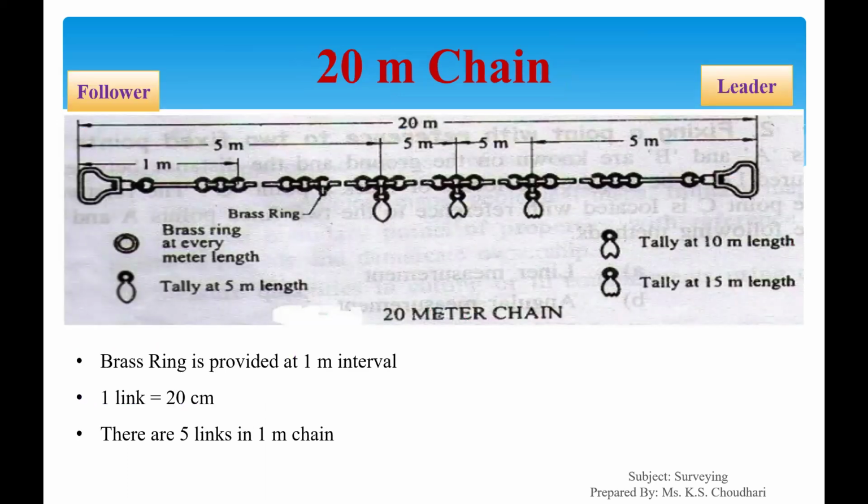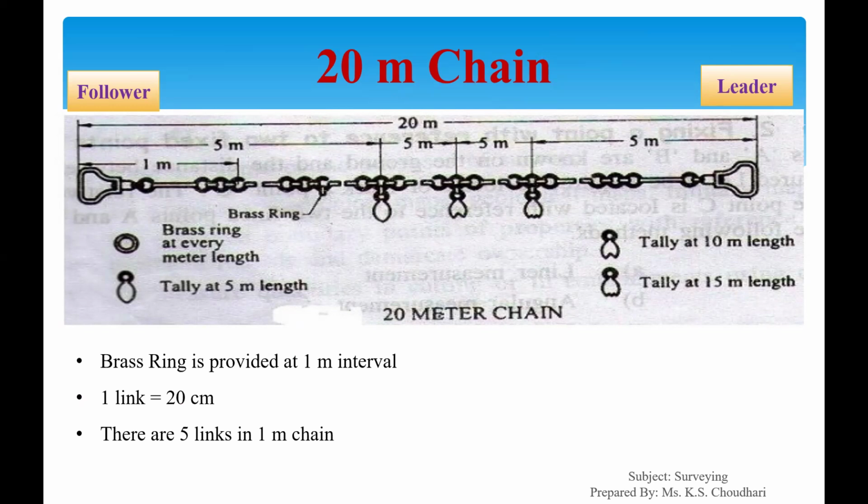In this slide, we can see the 20-meter chain. 30-meter and 20-meter chains are there, but here we will study the details of the 20-meter chain. Now here you can easily identify who is leader and who is follower. Follower, the person at the start of the chain, that is who holds the zero, and leader, the person at the end of the chain.